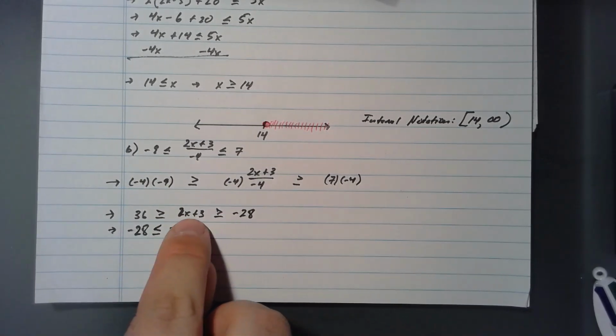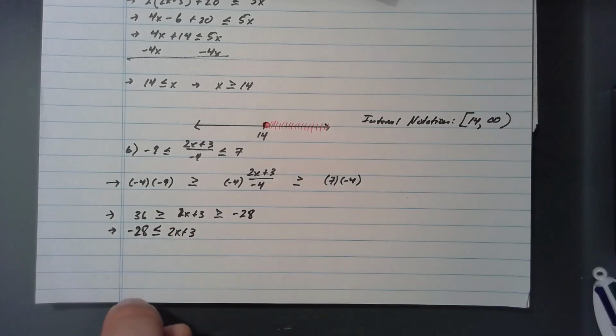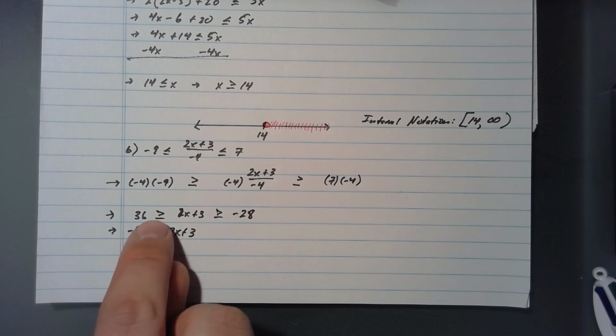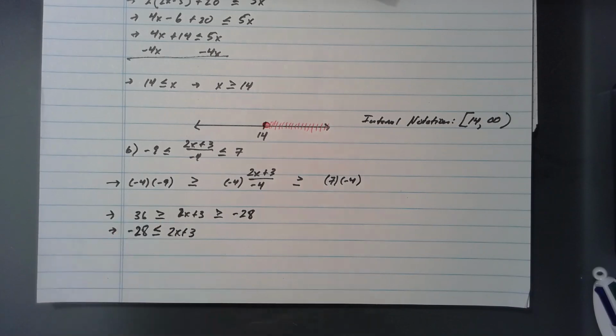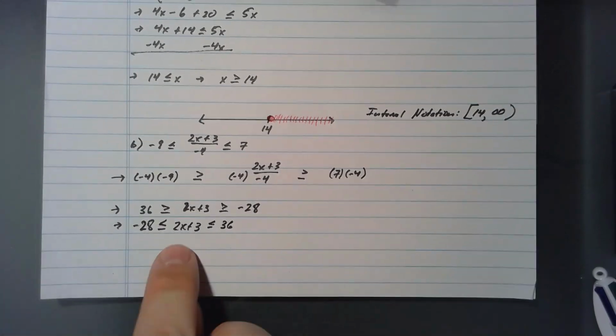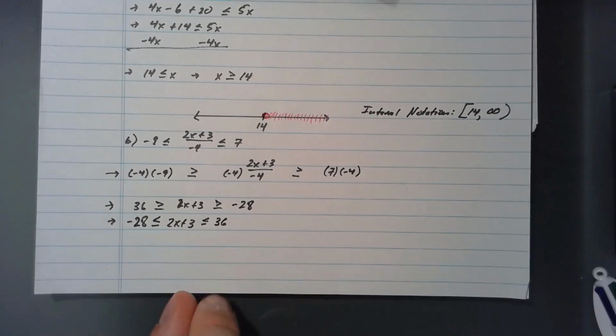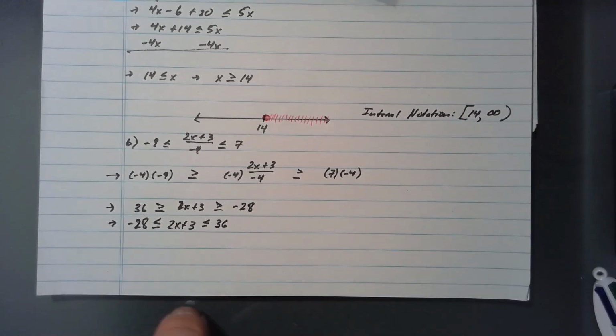The open part's facing the 2x plus 3, so the open part still has to face the 2x plus 3. Now on this part, the open part is facing the 36. So the open part has to face the 36. So this is the same inequality as that one, just written in the proper order.